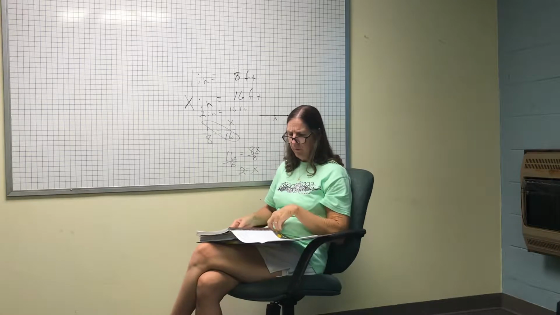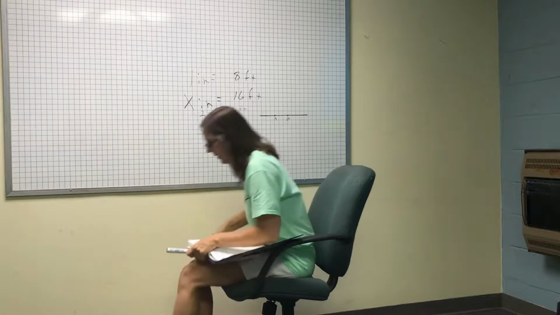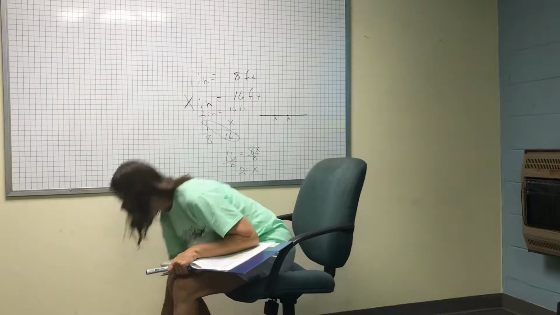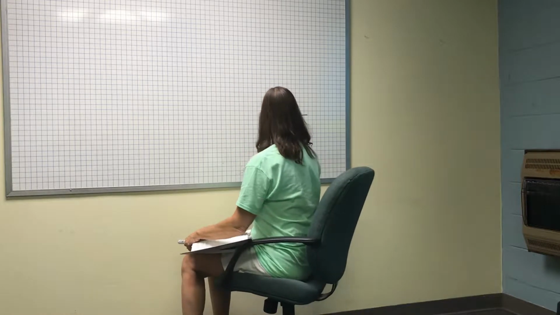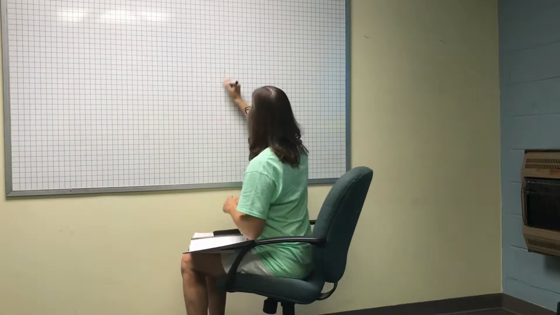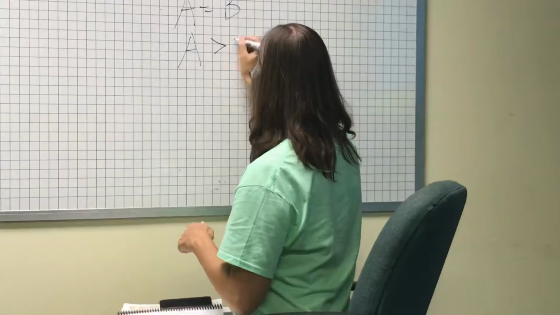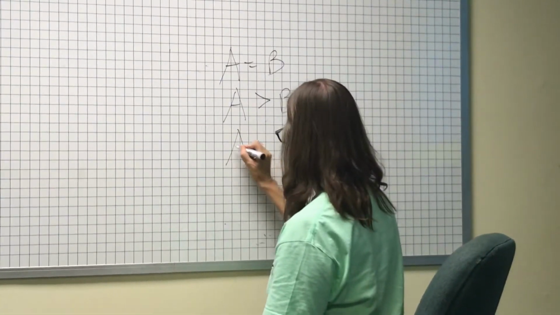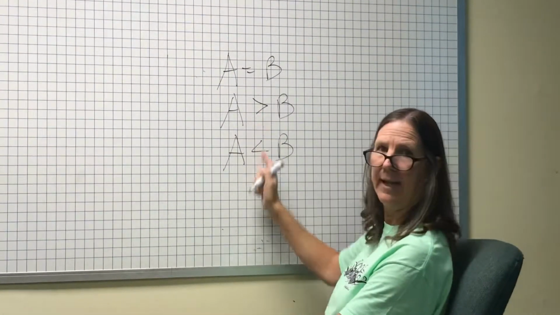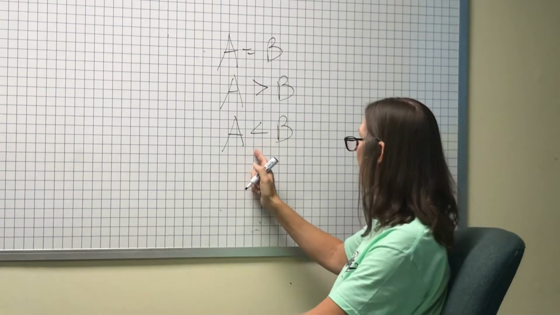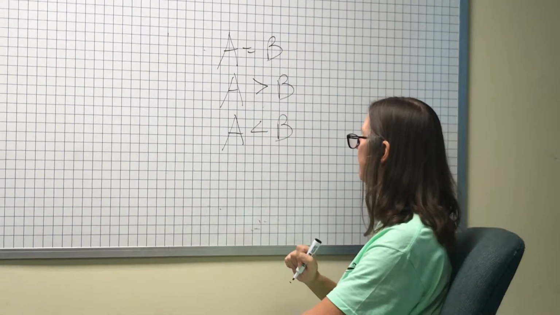These 3 are represented as, and these are things that you've seen before, either A is equal to B, A is greater than B, or A is less than B. And the way you can remember what a greater than or less than means is think of it as it points to the smaller, okay?